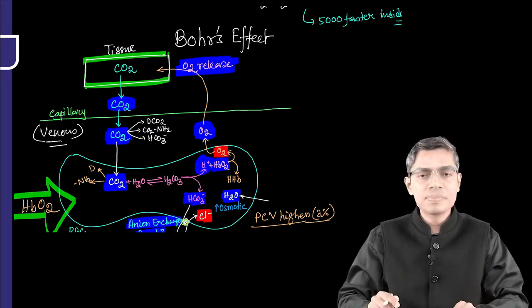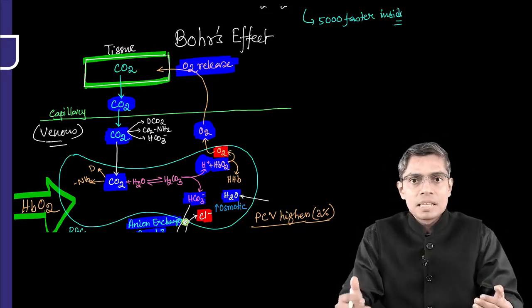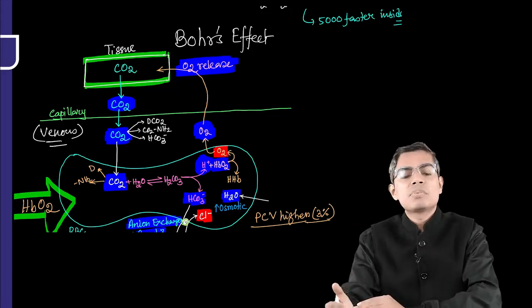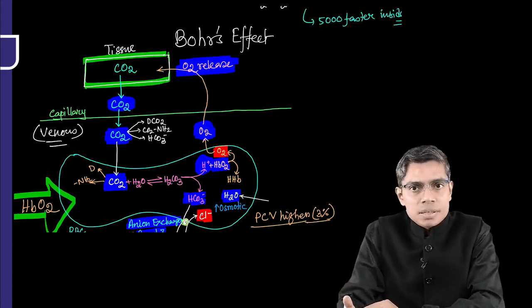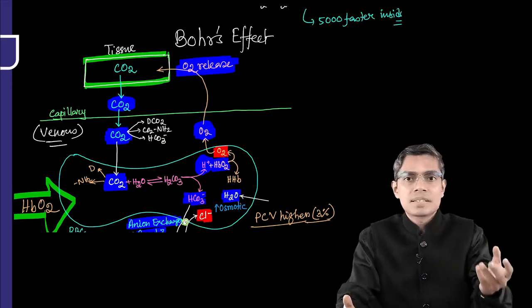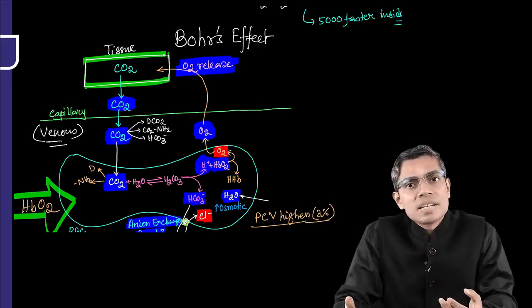That's why I told you in the oxygen transport chapter that the Bohr effect is right shifting of the oxygen hemoglobin dissociation curve due to carbon dioxide or H plus ion excess.